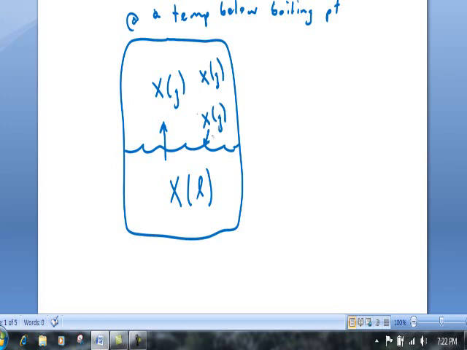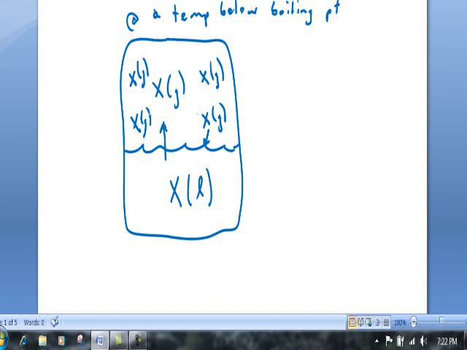Now, for a liquid, as we increase the temperature, the amount of particles that become gaseous becomes greater. In a closed system, eventually we reach a point, and a closed system could be something such as our classroom, where it's isolated and we have a set volume, or it could be something such as a beaker with a top on it or a bucket with a top on it.